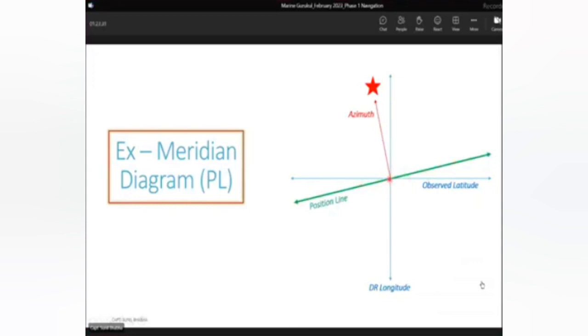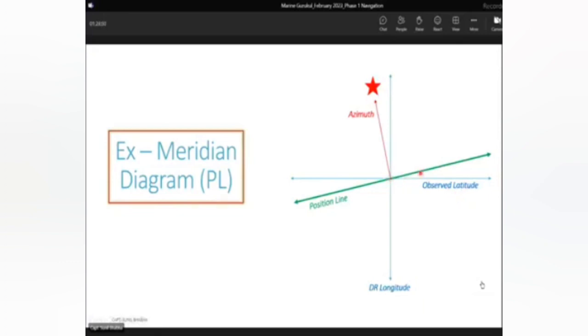Now you can see that the observer or the vessel can be anywhere on this PL, and if it is at any point on this PL, it is possible that the fixed latitude may be different from the observed latitude. Observed latitude just gives you a reference position from where the PL is passing. It does not give you the fixed latitude in this case.